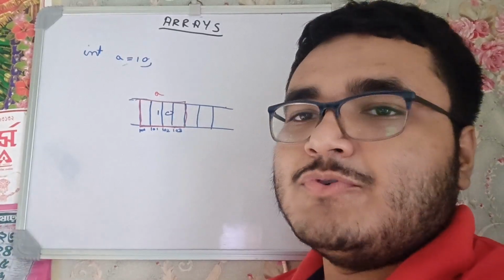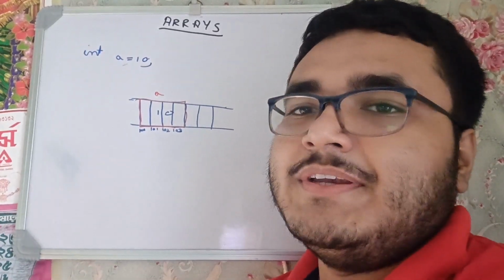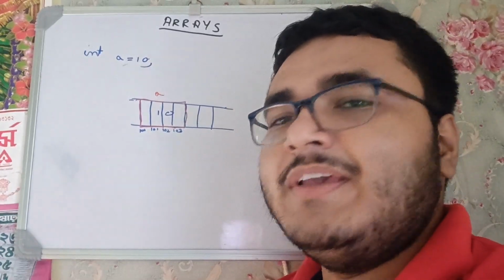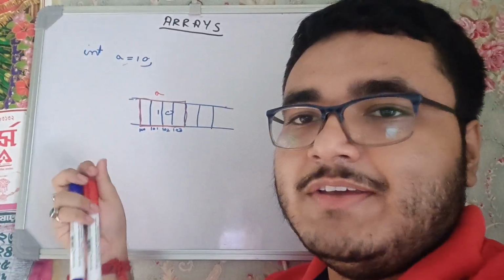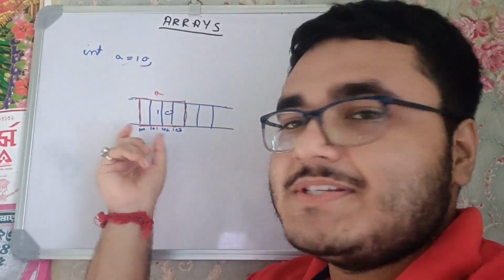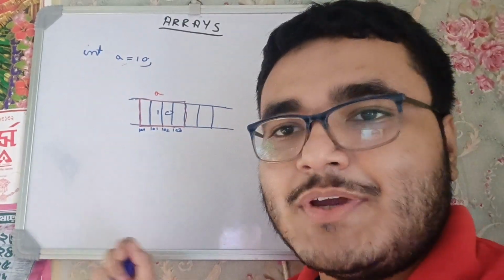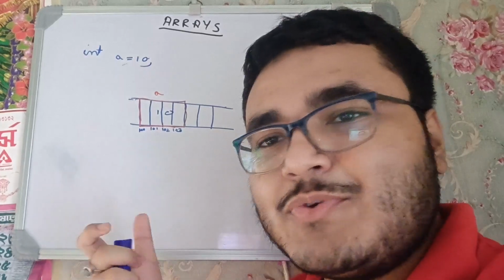Suppose, for example, we need to store even numbers. If we store even numbers in these variables, then we need to do int a is equal to 2, again b is equal to 4, c is equal to 6.